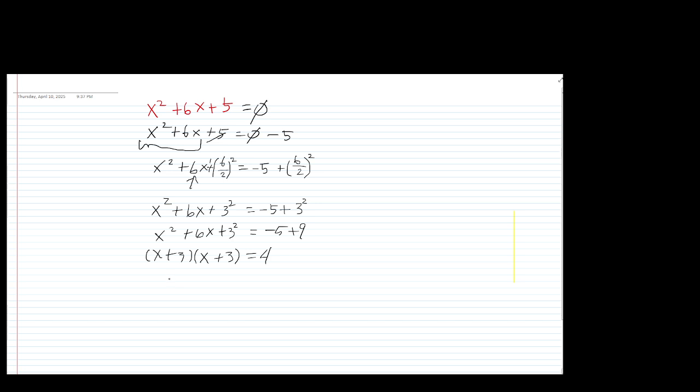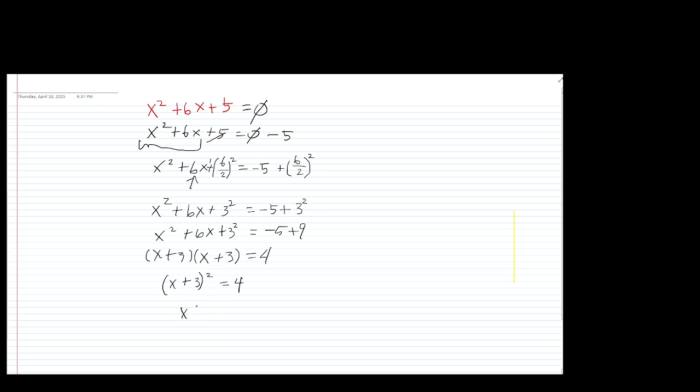So now we're left with x plus 3, and since there's 2 of them, you could do quantity squared is equal to 4. And then the next step is this weird step. Take a look at it. When you take off this square, you're gonna do this.